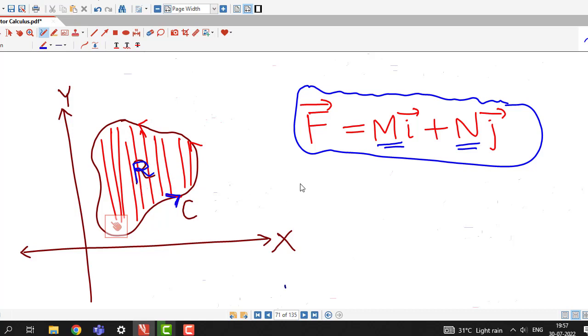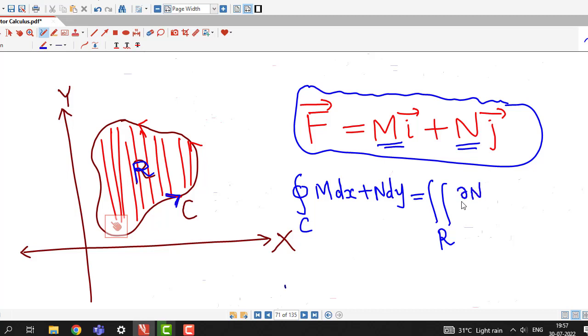Then we know that if we are interested in the circulation of a vector field f bar, which is given by M dx plus N dy, the circulation of the vector field f bar along a curve C is given by the double integral of the circulation density, which is equal to del N by del x minus del M by del y.